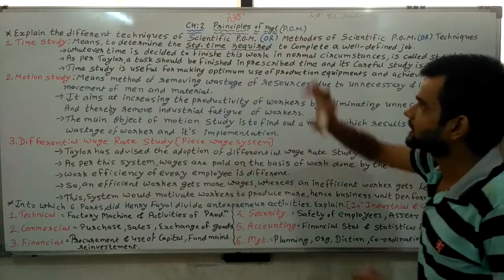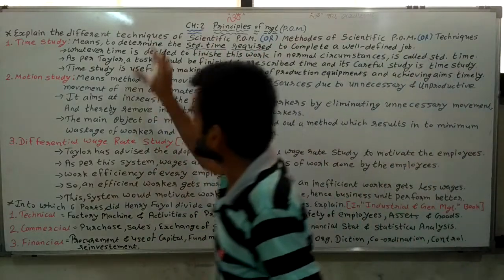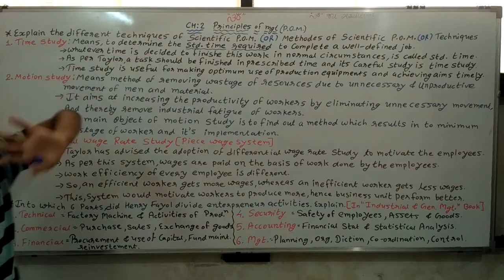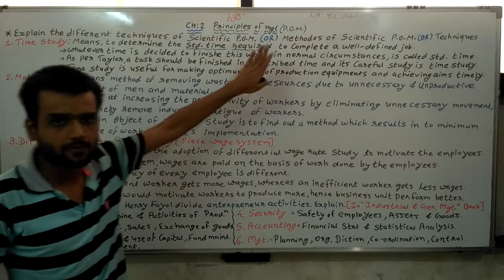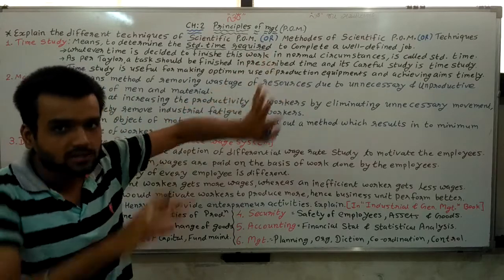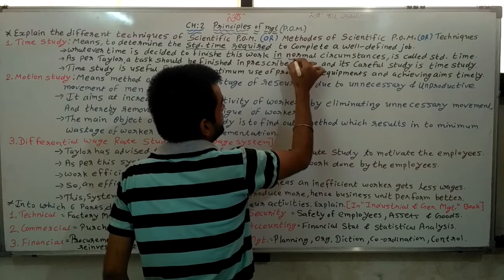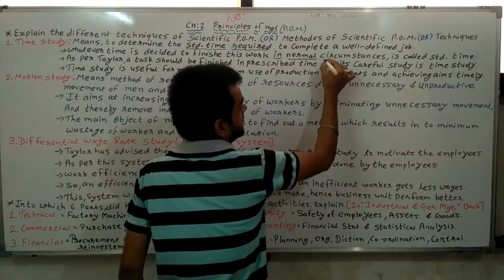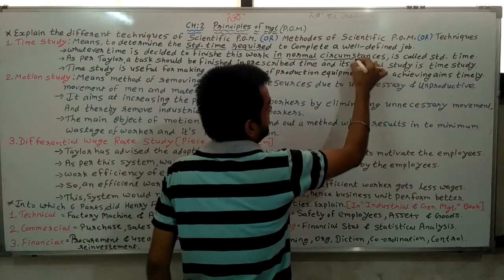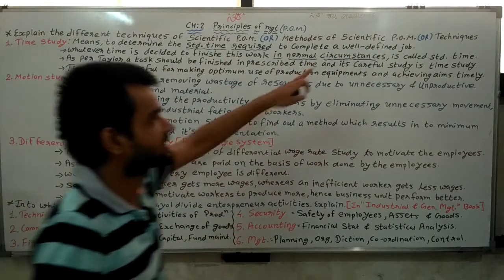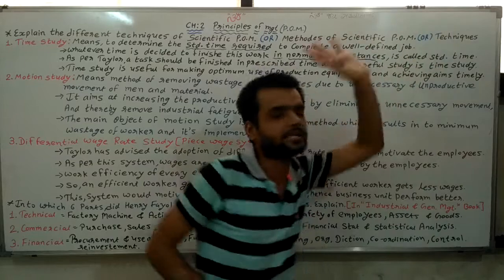So, standard time required for completing the work. Second thing, whatever time is decided to finish this work, in normal circumstances, work should be completed within the decided time, is called standard time.